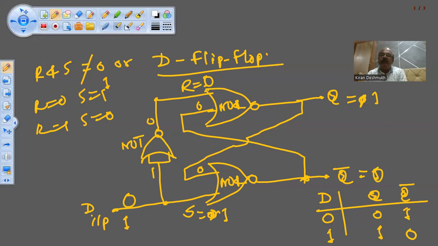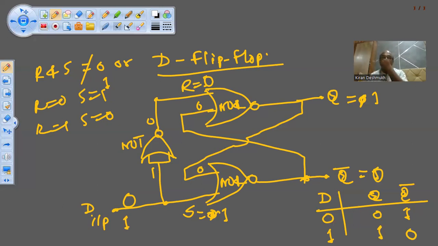When S is 1, R will be 0 compulsorily. So there is no possibility of both R and S becoming 0 at a time, or both R and S becoming 1 at a time. This possibility is not there in case of the D flip-flop. So it has only two states and only one input, that is called the D input or data input.